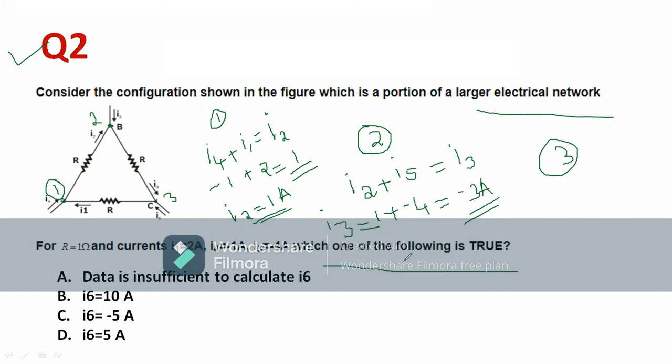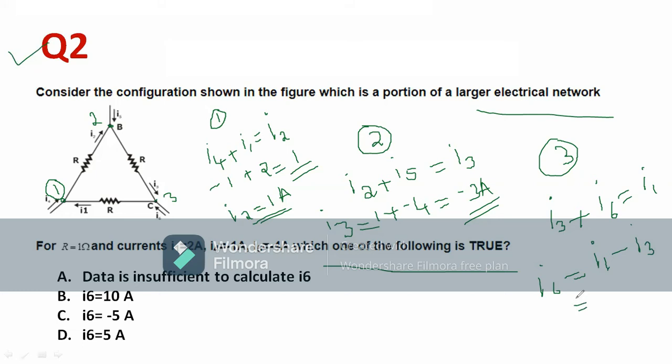So incoming current I3 plus I6 is equal to I1. So I need to compute the value of I6. I6 is equal to I1 minus I3. So substitute accordingly.